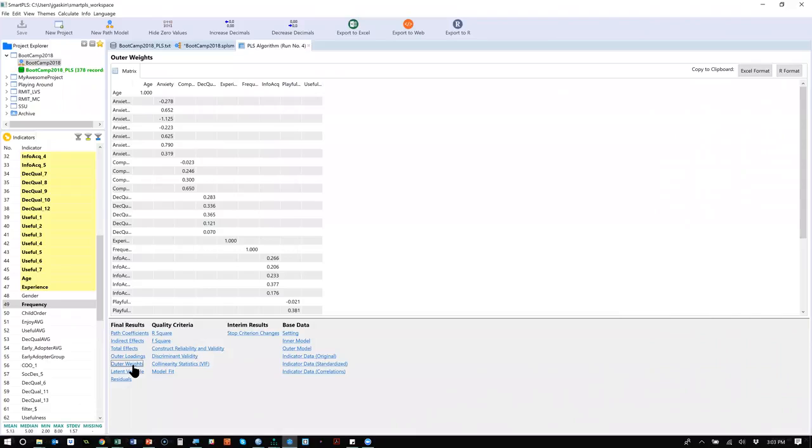If I click on that and go down to anxiety, which I flipped around, you'll notice these weights are all messed up because it's not truly formative. I just made this up. A truly formative factor would hopefully look better than this.